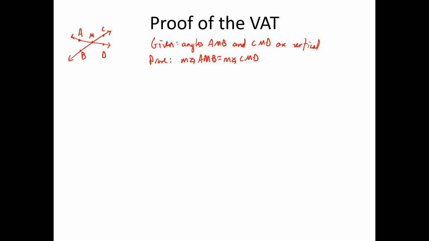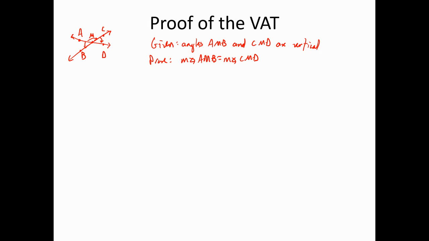Okay, so let's think about these two angles, okay? The angles AMB and CMD. We wish to prove that they're equal. Notice that they both form a linear pair with angle AMC. Okay, so look at angle AMC. Each of those angles forms a linear pair with AMC.